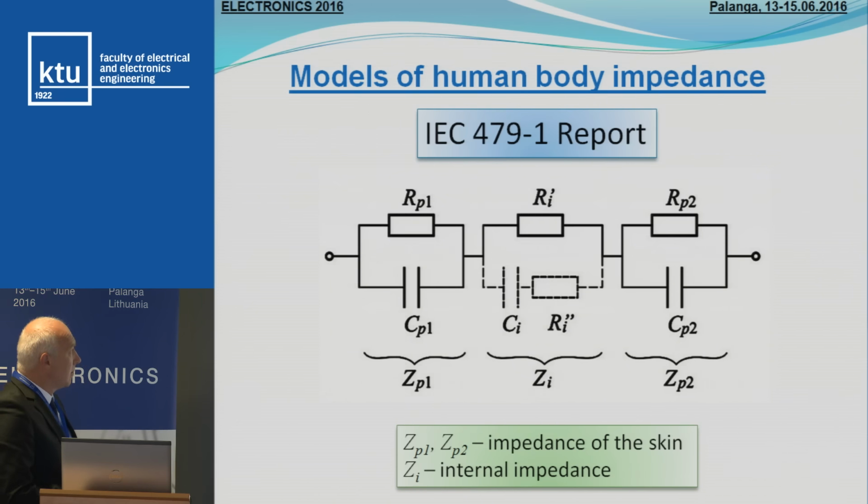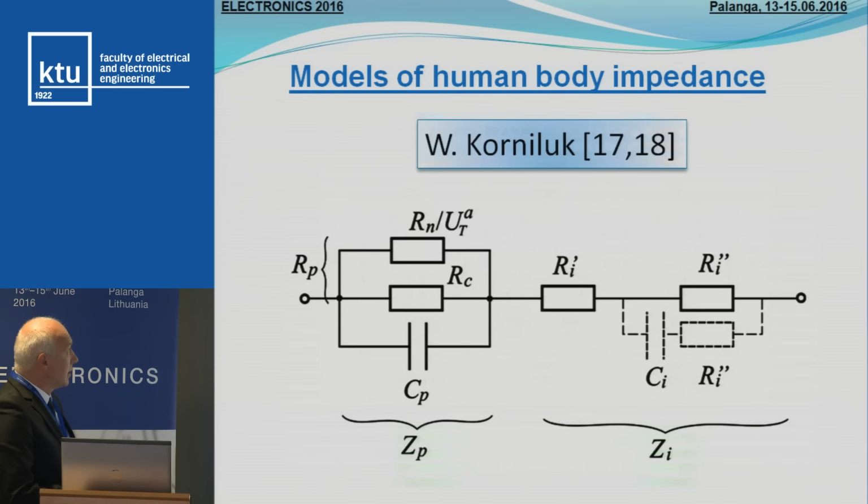We use another model which was described by Professor Korniluk from Poland. In some ways it's similar. We have this internal resistance and we have the impedance of the skin. Especially here it's worth to see this resistance depends on the touch voltage in exponent way.